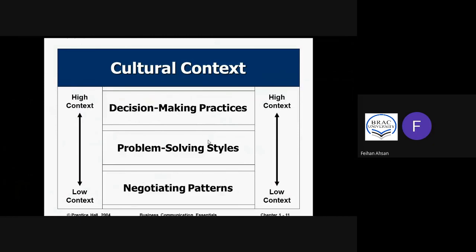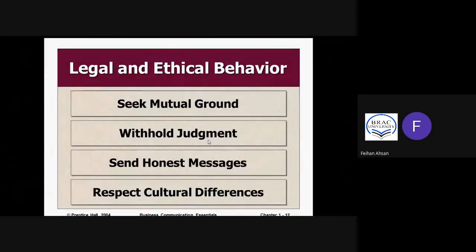We will talk about this more in detail later. So whenever you're communicating across a diverse background, it's important to seek mutual ground, withhold judgment, send honest messages, and respect cultural differences. These are standard practices which enhance your ability to communicate.